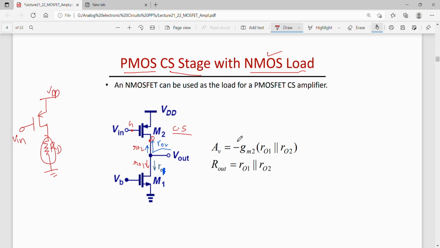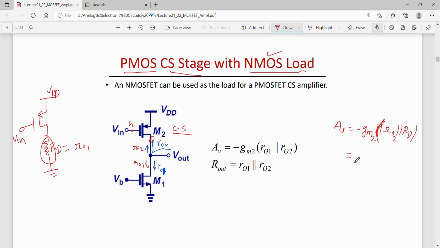Again, one can apply the same relation. For a common source amplifier, the gain is minus gm multiplied by ro parallel to RD. Here, gm2, ro2, and RD is ro1.